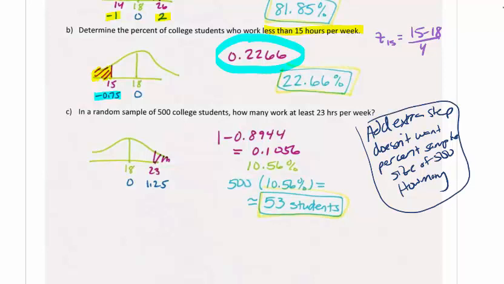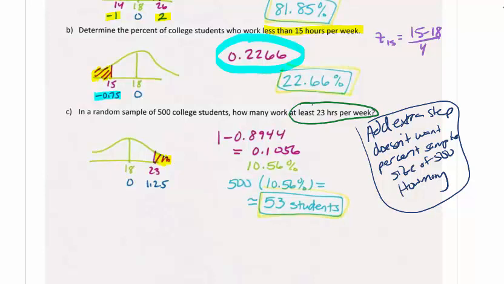But we're going to follow the same steps we did before. So 18 again is my mean. I want at least. At least means that number or more, so that's 23, and we're shading again to the right. Remember, there's 2 ways to find this.